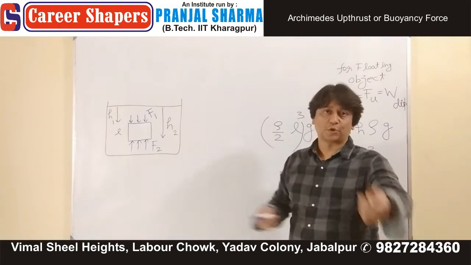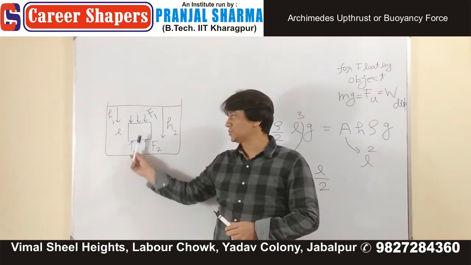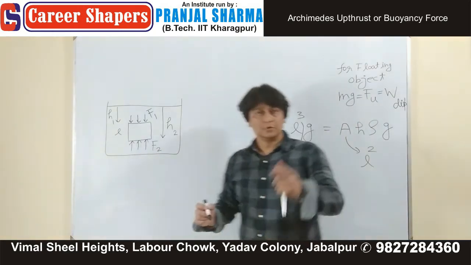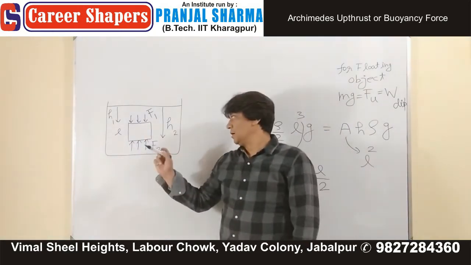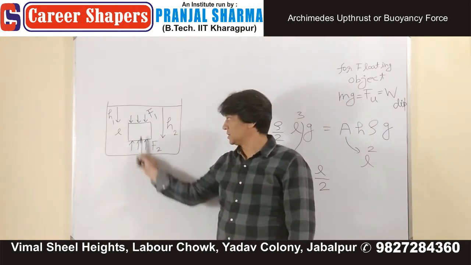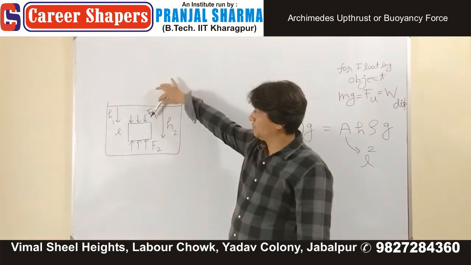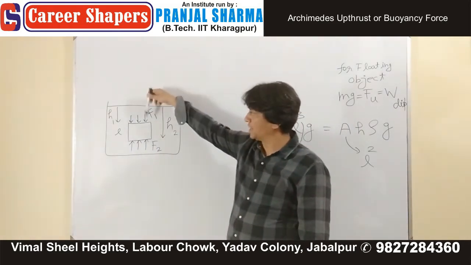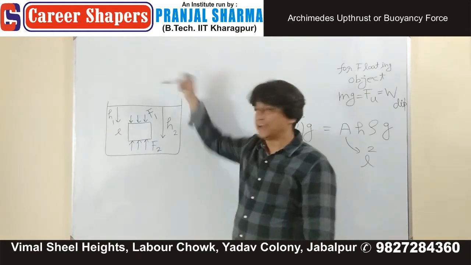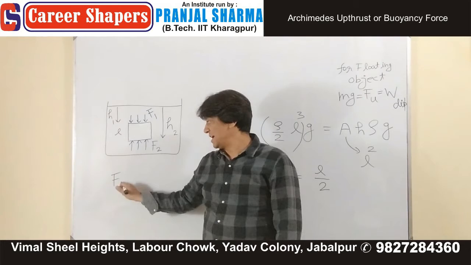Remember, all the forces are what? Normal reaction forces. Normal reaction acts towards the body. So at the bottom, due to the pressure, there is an upward force F2. At the top, all the liquid present is pushing it down. This is force F1. What is F1?